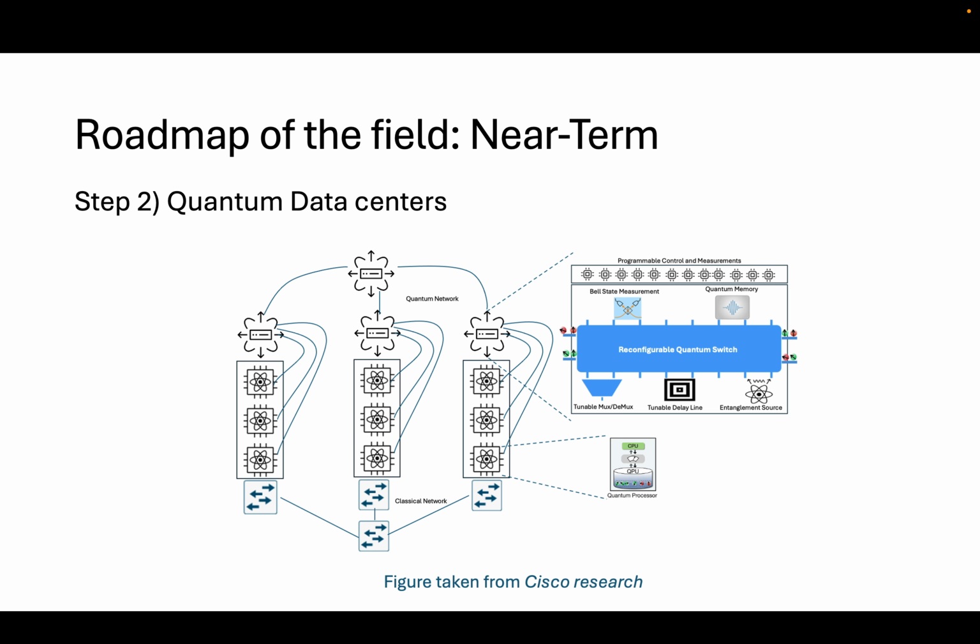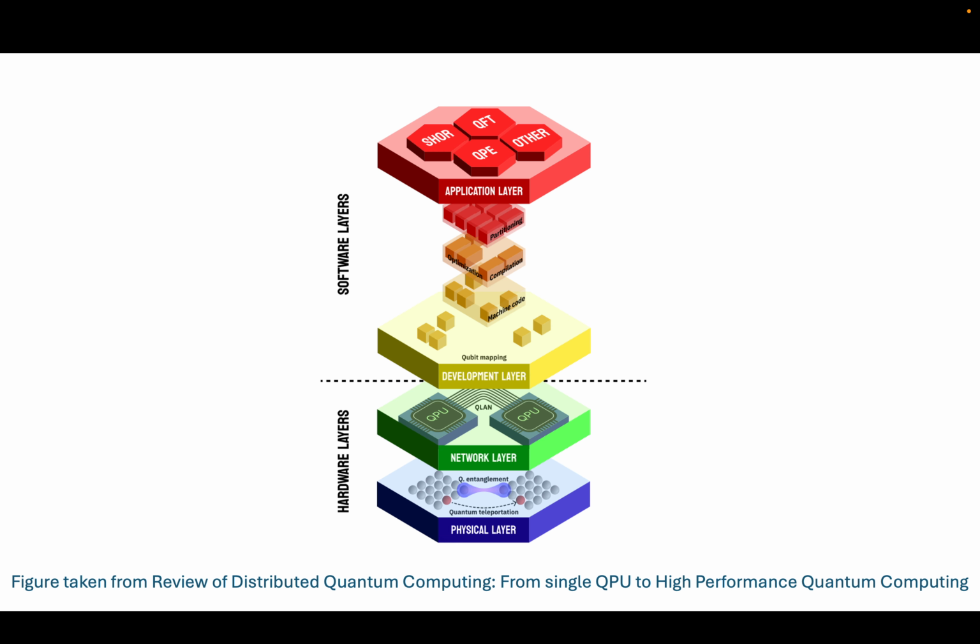And the second step are the very famous and very promising quantum data centers, where you might have multiple devices interconnected within the same room via a quantum network and collaborating with each other. This is the more marketing friendly next step that a lot of companies are talking about.